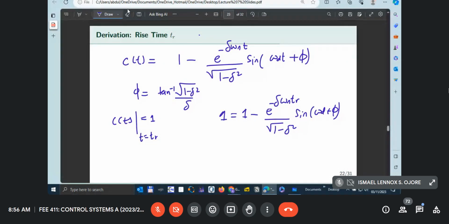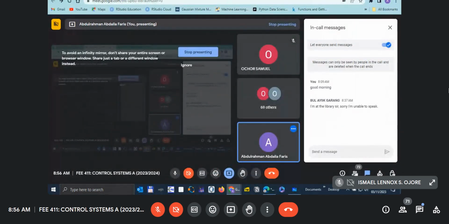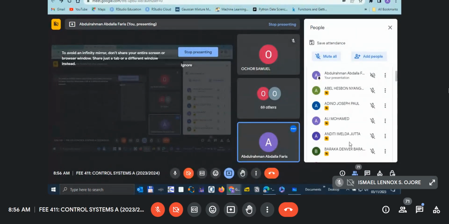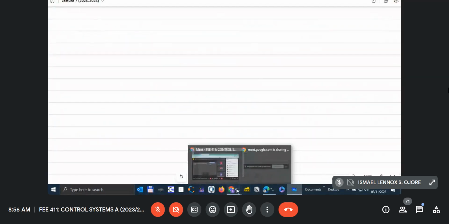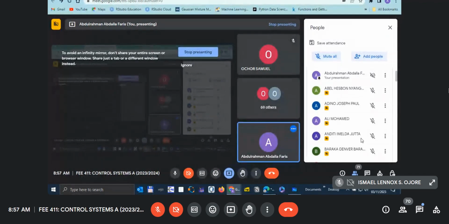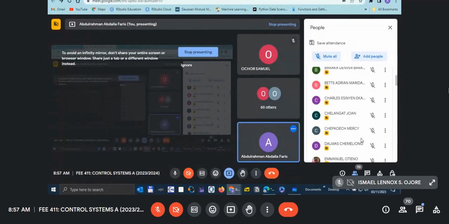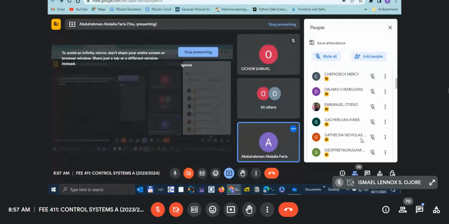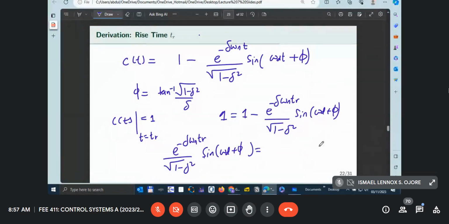So when you move this to the other side, you'll have, and then sine omega_d t plus theta equals what?